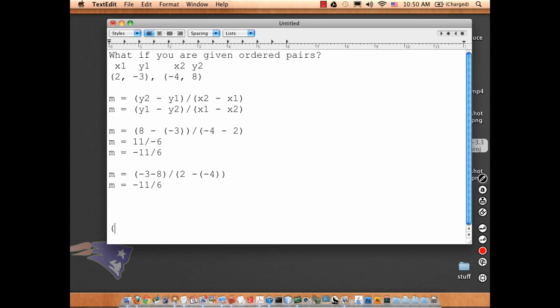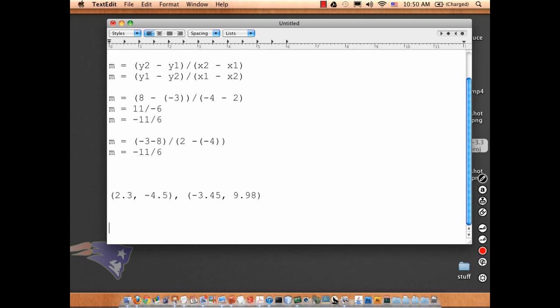All right? By the way, slopes are not always nice integers. For example, 2.3, negative 4.5, comma, negative 3.45, comma, 9.98. All right? Now, this is the real world. You still have the ability to calculate the slope.